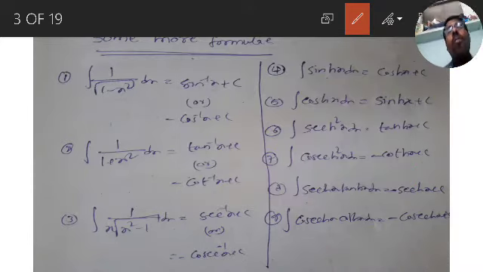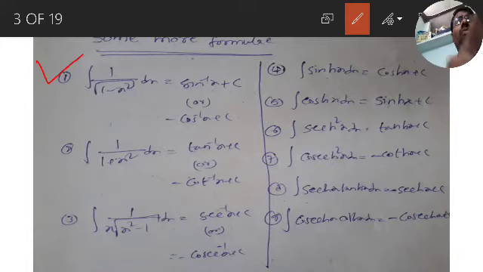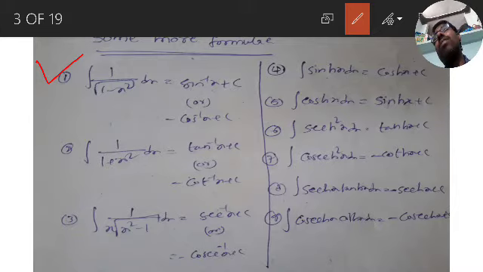Now coming to this, derivative of sin inverse x is 1 by square root of 1 minus x square. Therefore, integration of 1 by square root of 1 minus x square dx is sin inverse x plus c, or minus cos inverse x plus c. Derivative of tan inverse x is 1 by 1 plus x square.